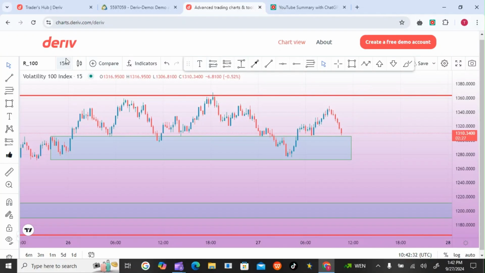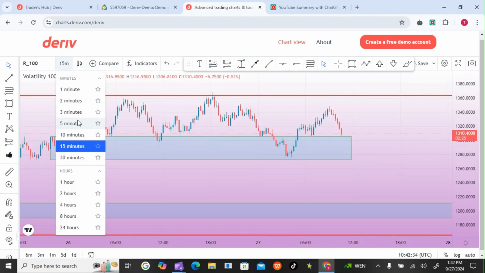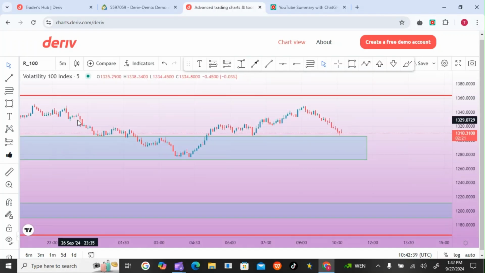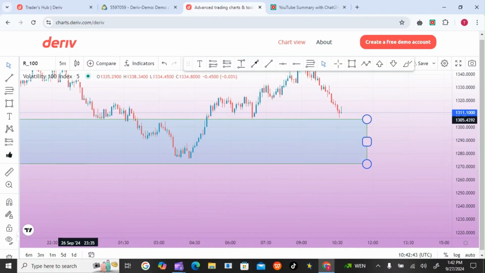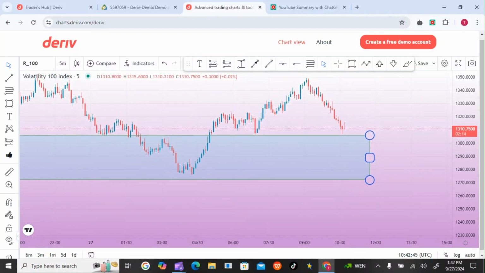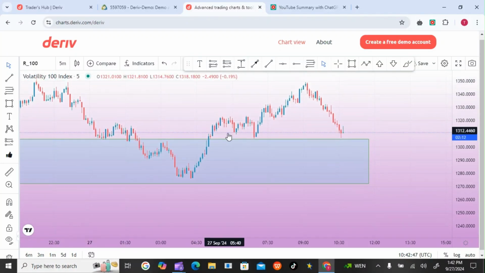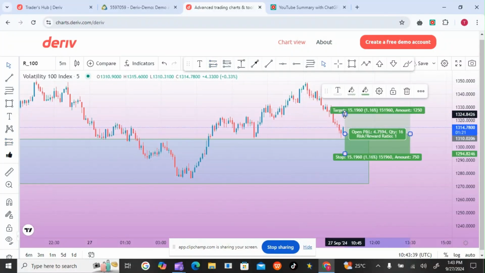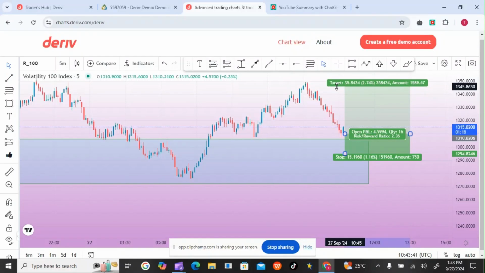So let me find an entry on the 5 minutes and see what is happening. On the 5 minutes, what do I discover? I was talking of this area, so I can take a short buy here, and I'll aim at that first point there.